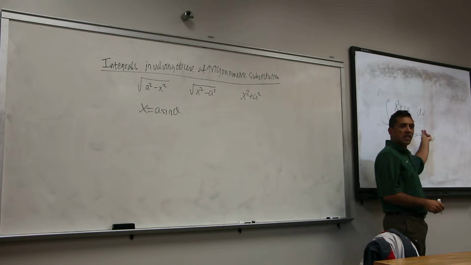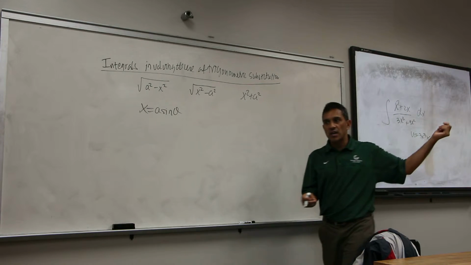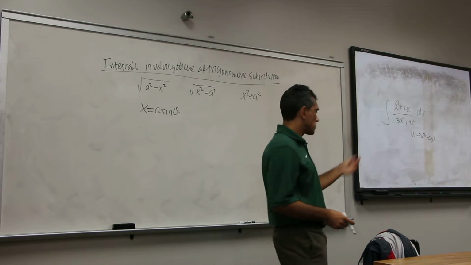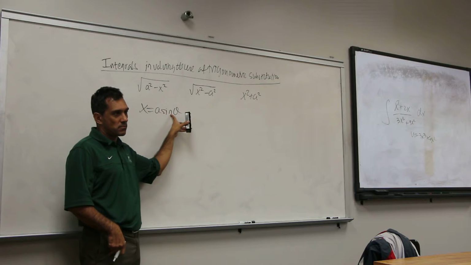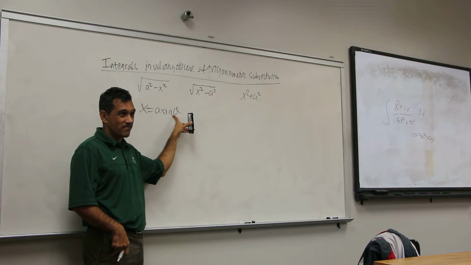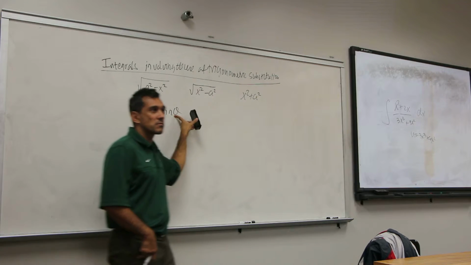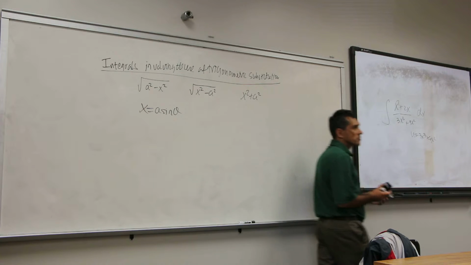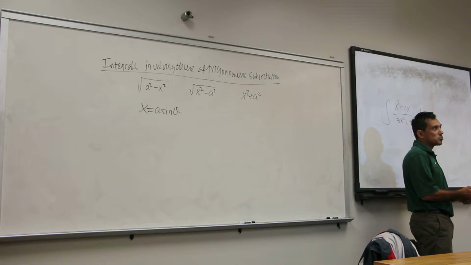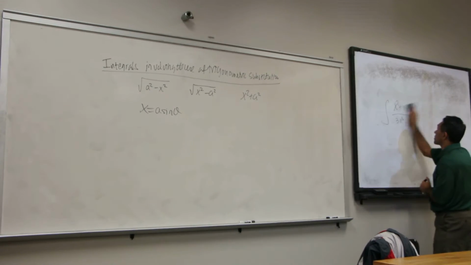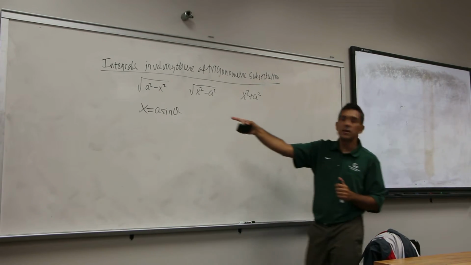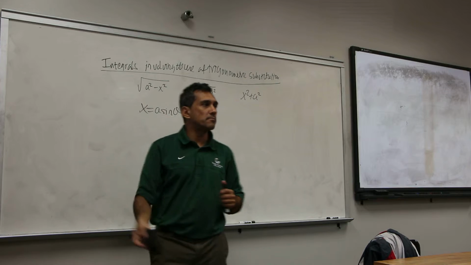So u will become the new variable, whereas here, the new variable is theta. You see? Now it may not look like you are substituting theta, but you are. The new variable here is theta.